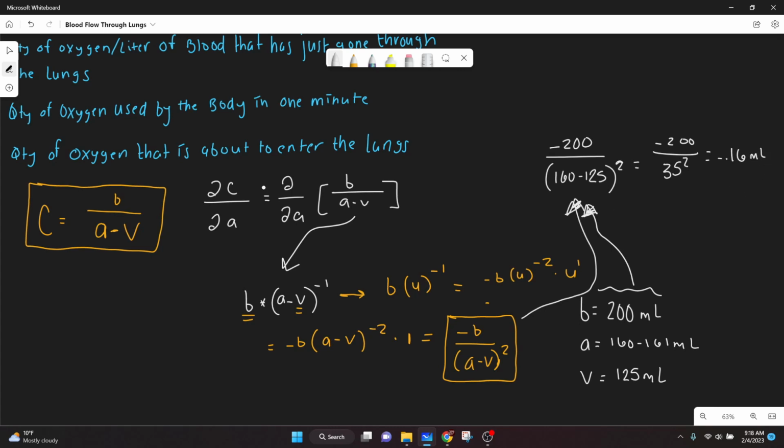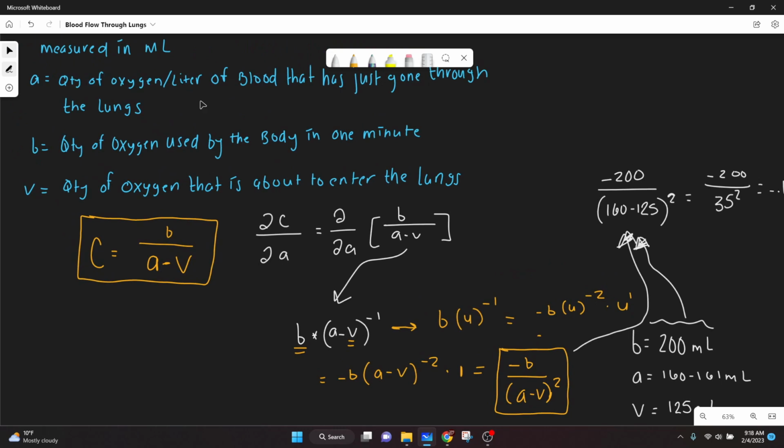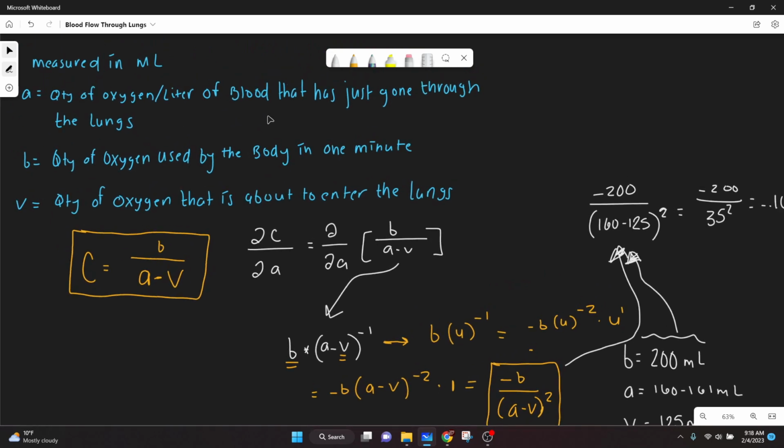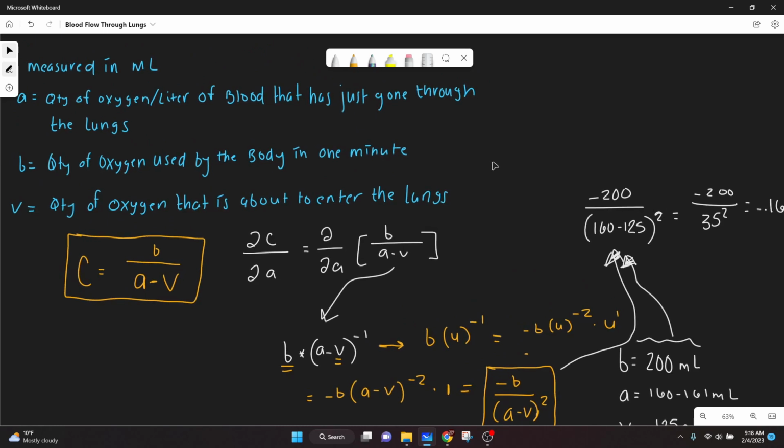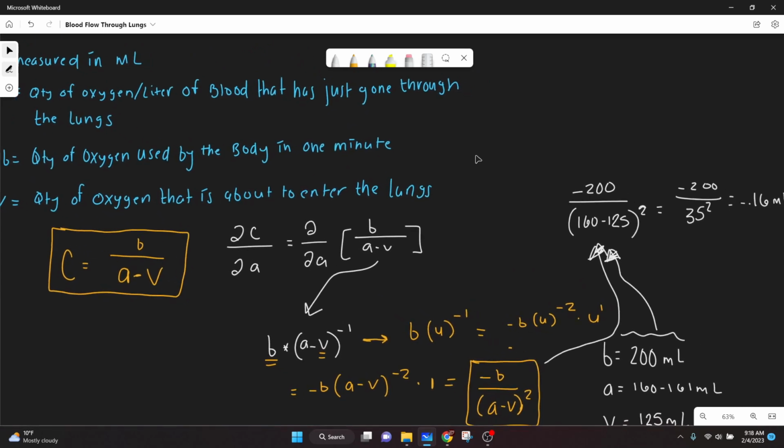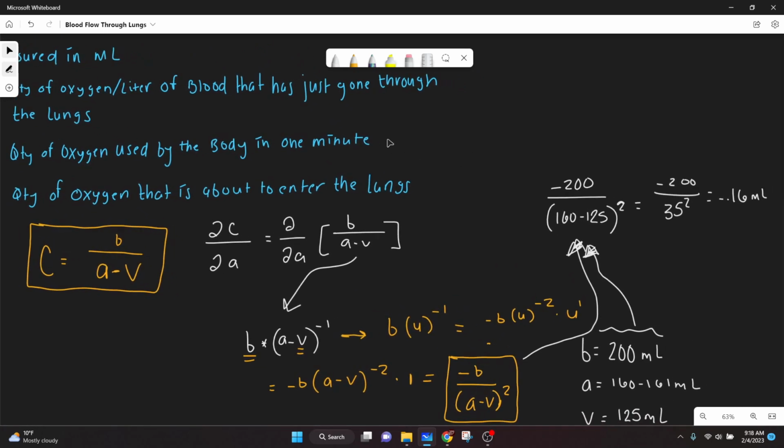So the total C will decrease slightly by 0.16 milliliters if we increase the amount of oxygen that had just gone through the lungs. If we increase that, we'll decrease the total amount of blood volume pumping through the lungs by approximately 0.16 milliliters.